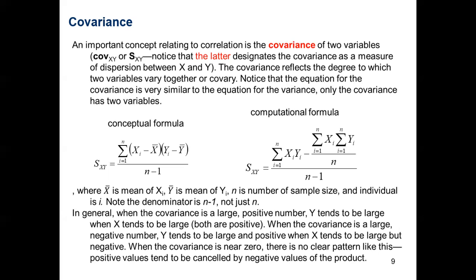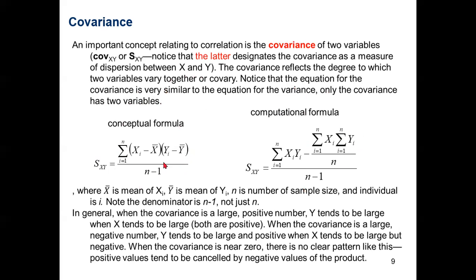A sample is supposed to be a representative subset of the population data. Otherwise, the inference doesn't work. That's why sample collection is really, really important. Anyway, what we need to remember is this conceptual formula. We don't have to remember the computational formula.